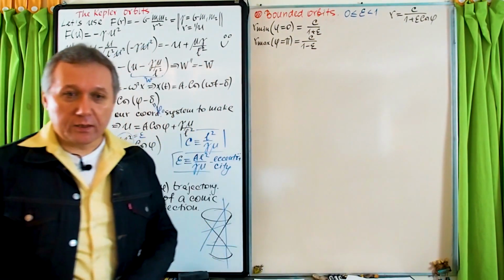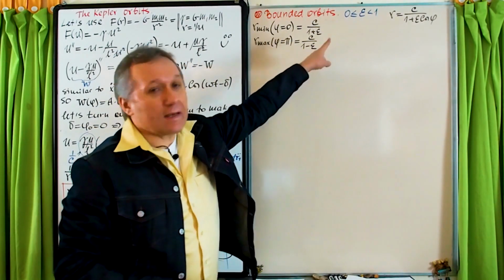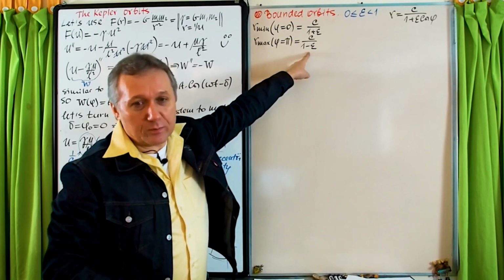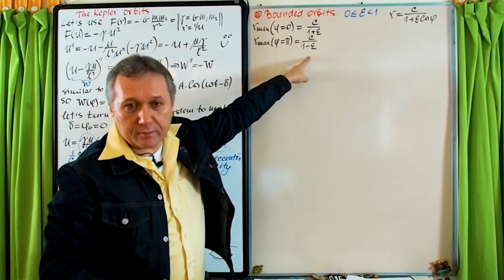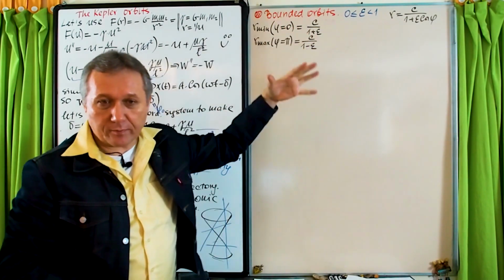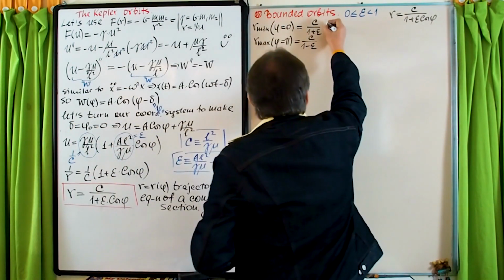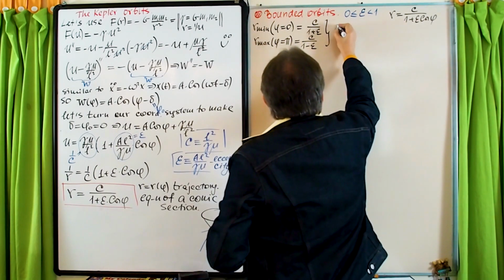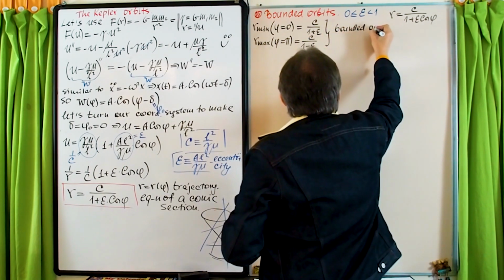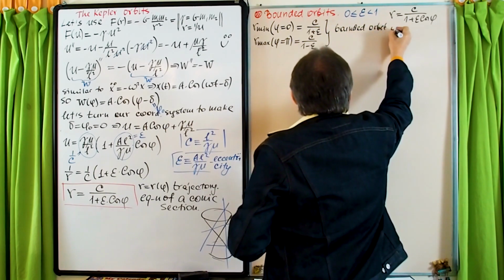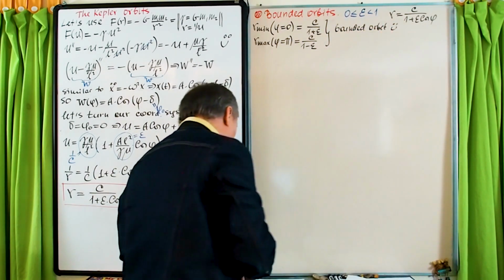Cool. And of course, epsilon is less than 1, so it doesn't blow up the value of our maximum. Both of them are finite. So we have our minimum and our maximum, and as a result, yes, we have a bounded orbit. So yes, it does work.